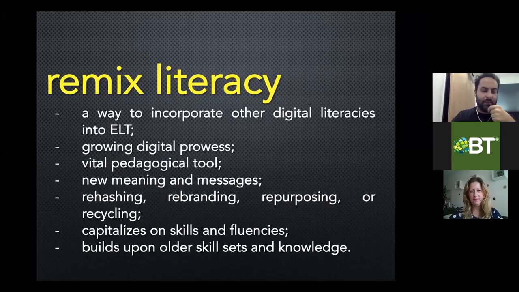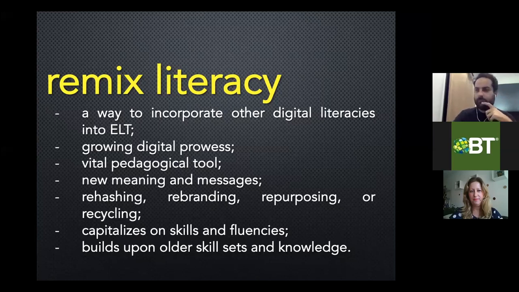Because nowadays, intellectual property is an issue with the internet, because we have access to lots of information and proper credit not always is given. And we need to teach our students how to give credit when they rehash, rebrand, repurpose, or recycle information or other materials they collect from the internet.